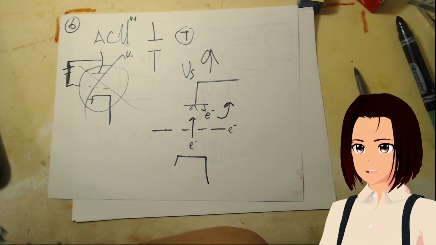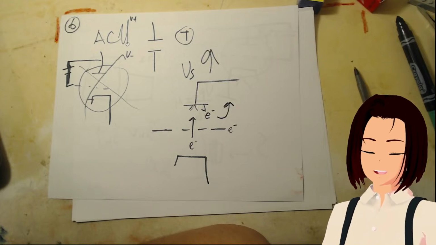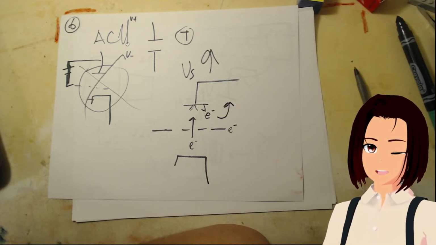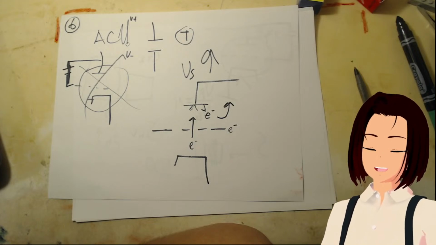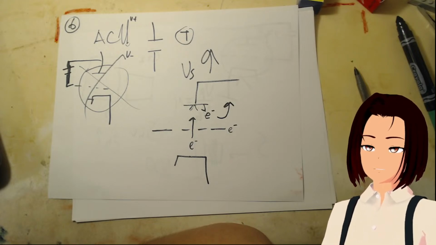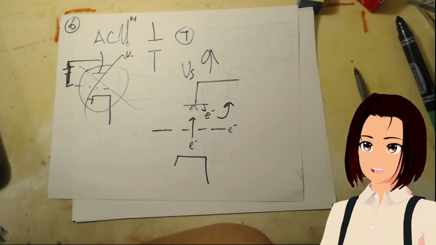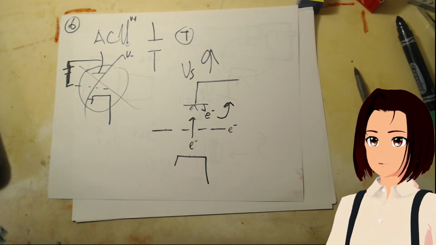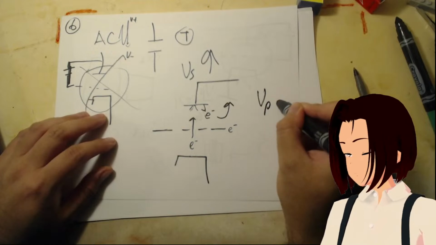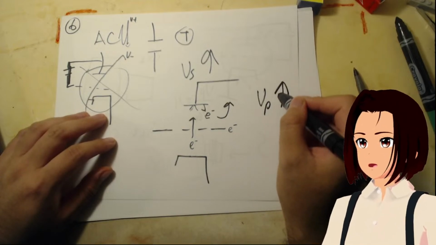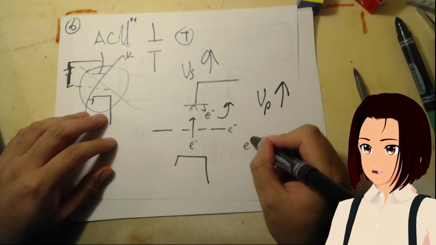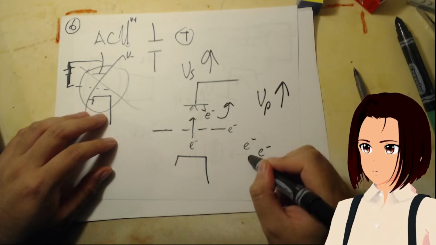Basically, one of the problems is that if VP gets too high, I'm going to have to write all the electrons that bounce off.